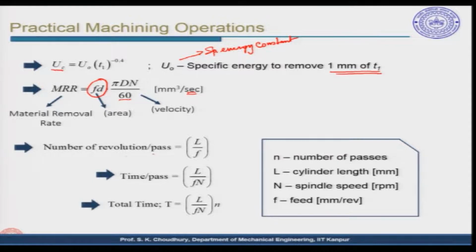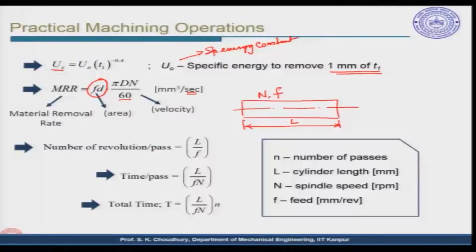So, number of revolutions per pass, suppose we have a part which is being turned. Let us say this is the central line, and here we have the length of L, and this is being turned with RPM of n with a feed of F. So, you understand that in one go some part of the material is removed.